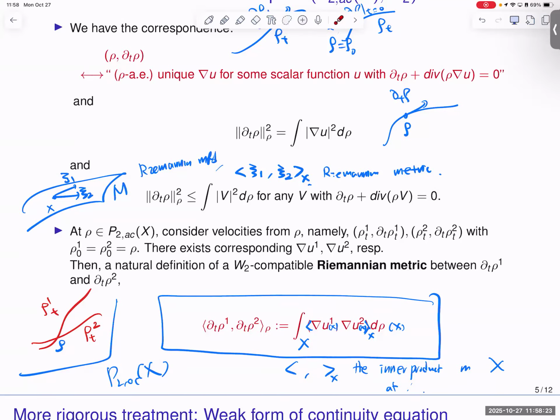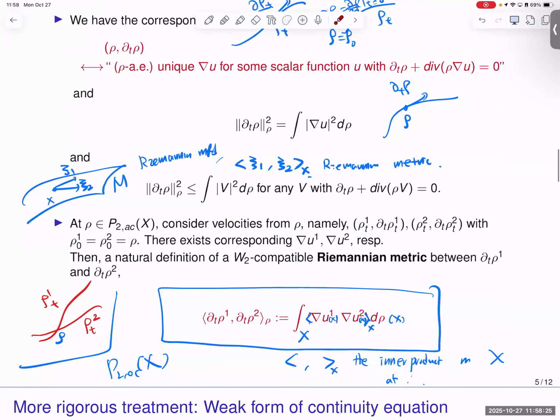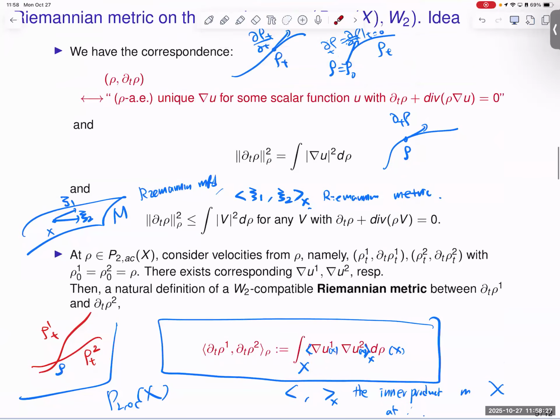I have a question. Do we get from this Riemannian metric equivalent notions of important objects in Riemannian geometry, such as the curvature tensors and these sorts of constructions? Yeah, that's an excellent question. Curvature tensor is probably out of reach.